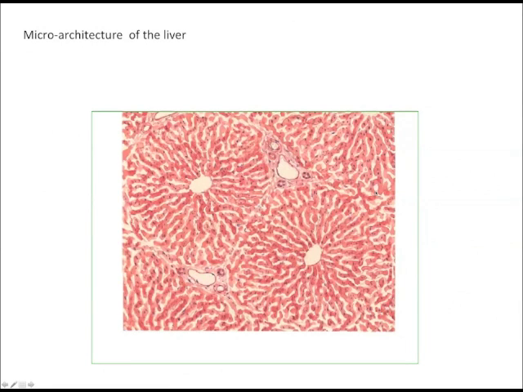Okay, so just to review the microarchitecture, the 3 areas described when looking at the histological appearance of the liver. First, we have the classic liver lobule, which is describing the flow of blood from the portal canals towards the central vein.